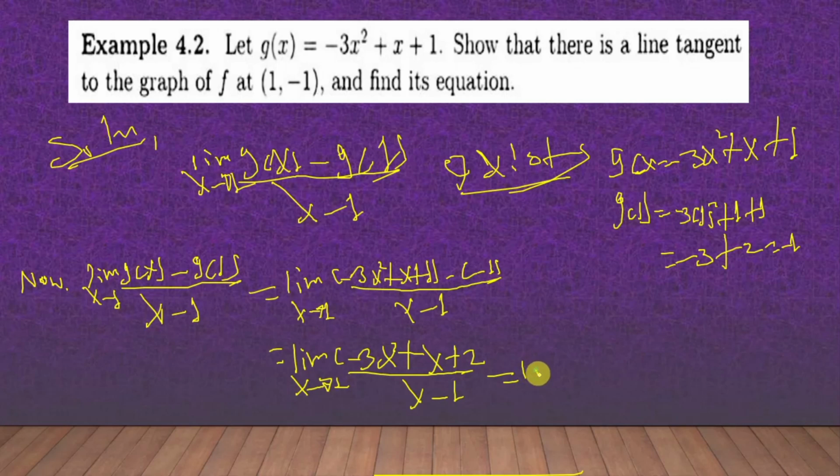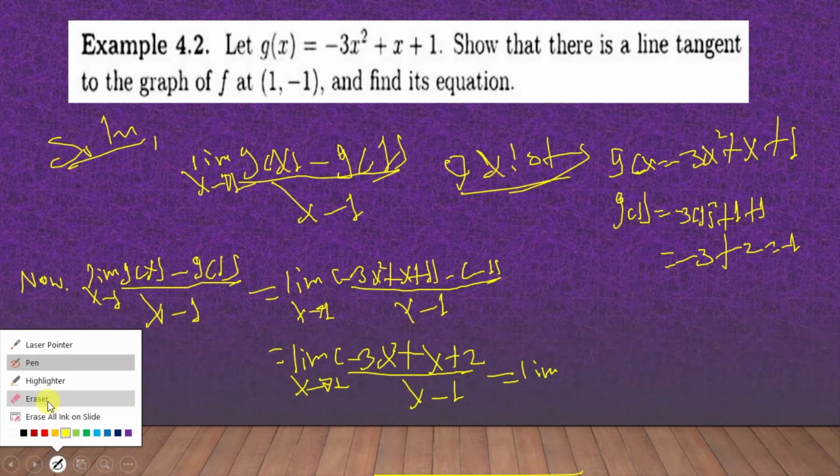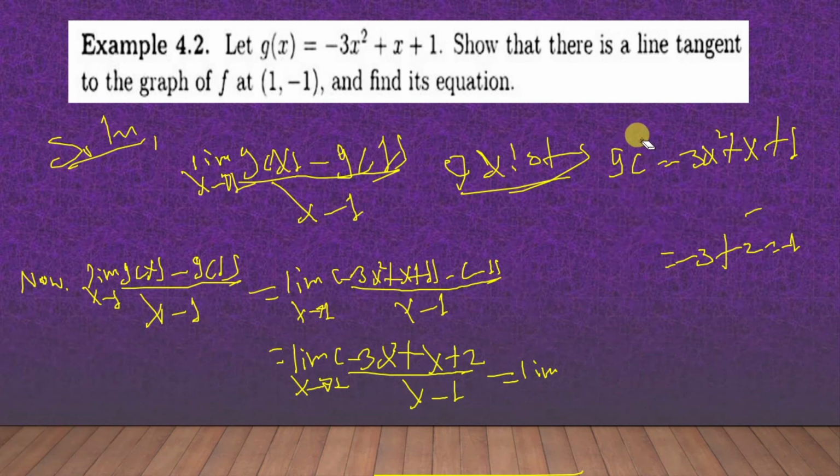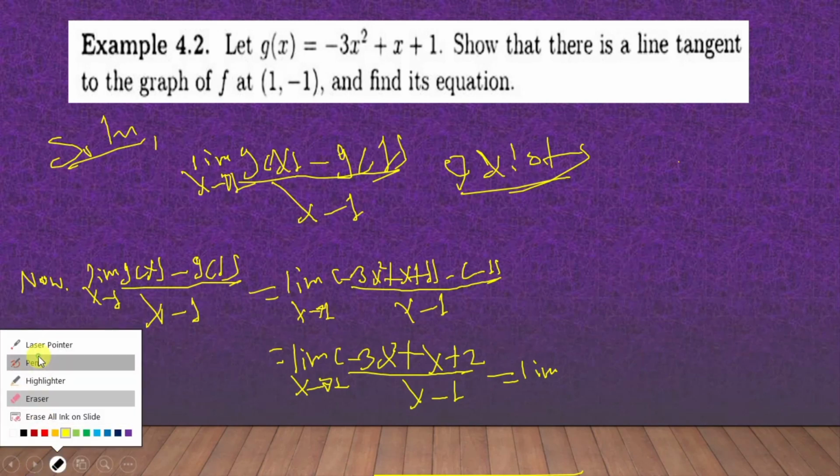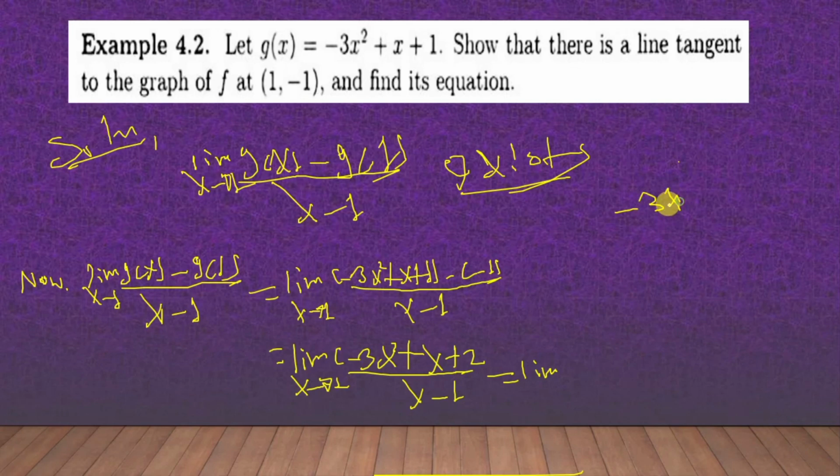Now we need to factorize the polynomial minus 3x squared plus x plus 2. Its factorization form is written as minus 3x minus 2 times x minus 1.